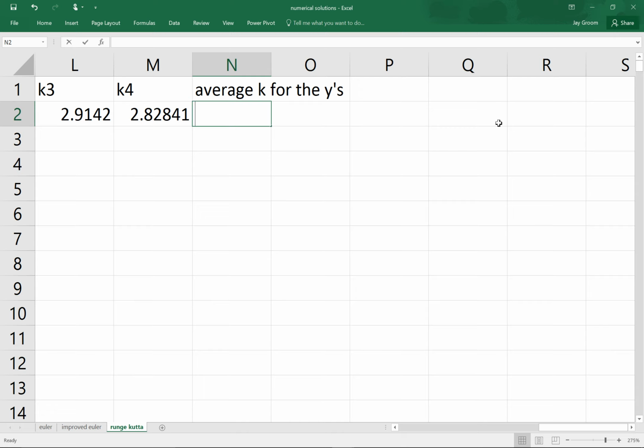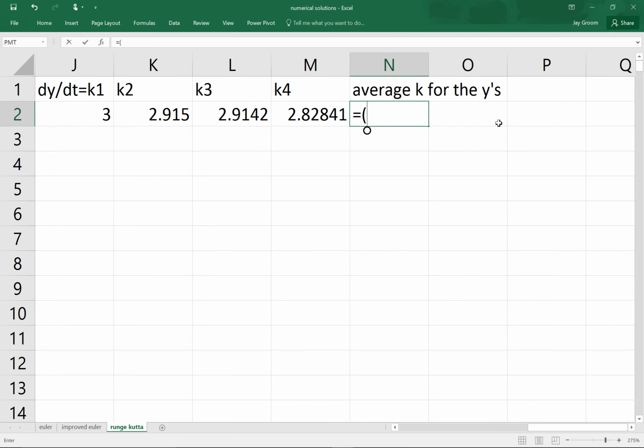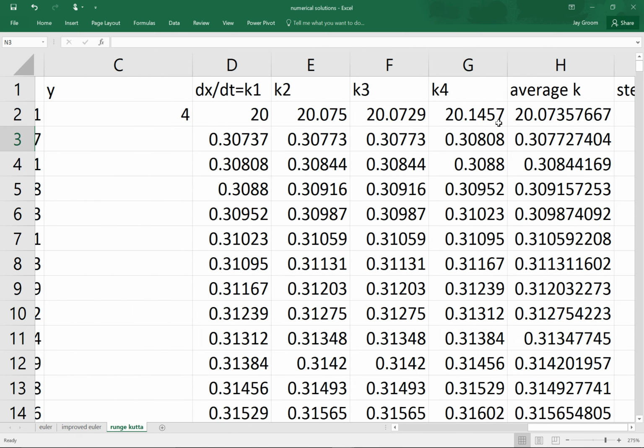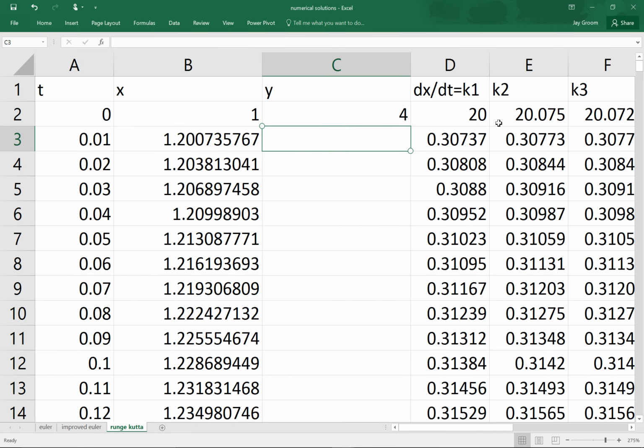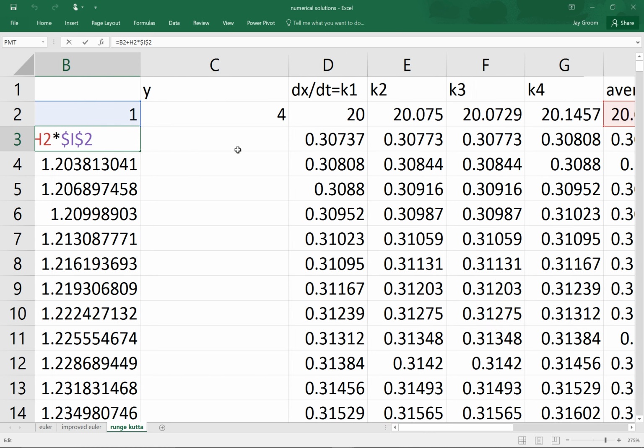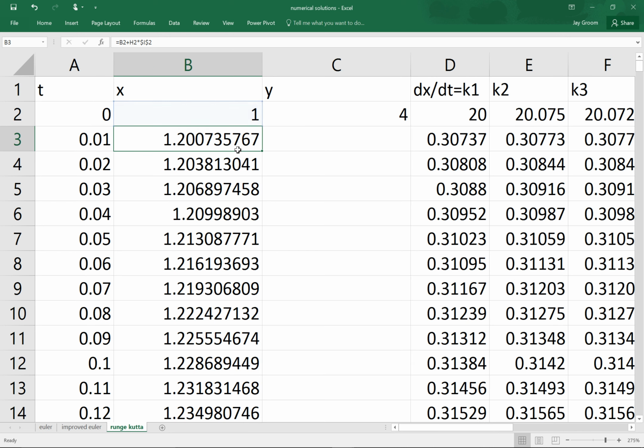So equals parentheses, this guy plus 2 times that one plus 2 times that one plus that one, divided by 6. Bam.